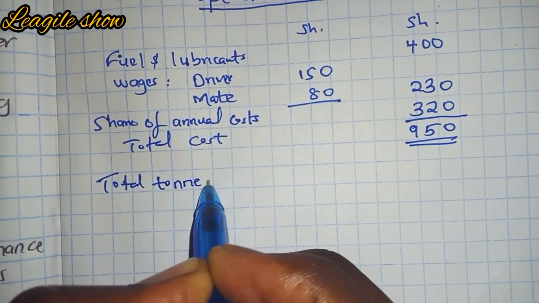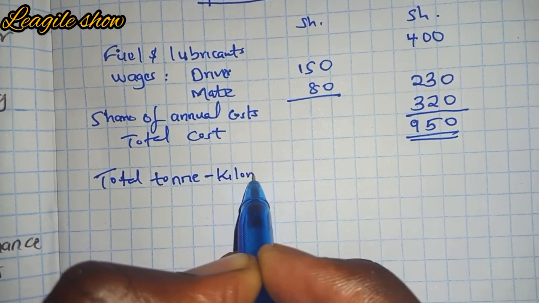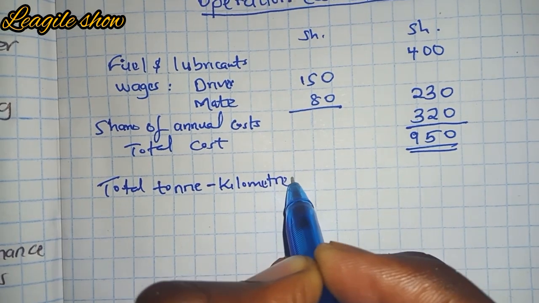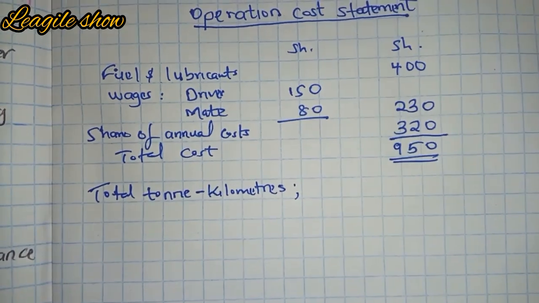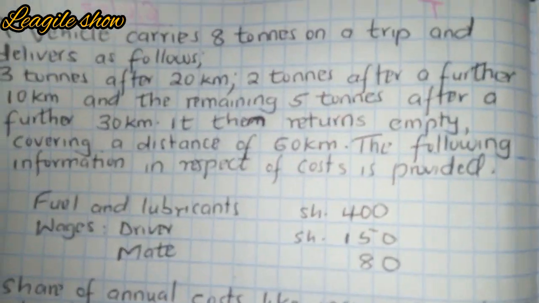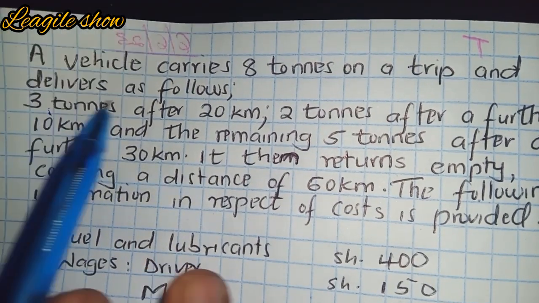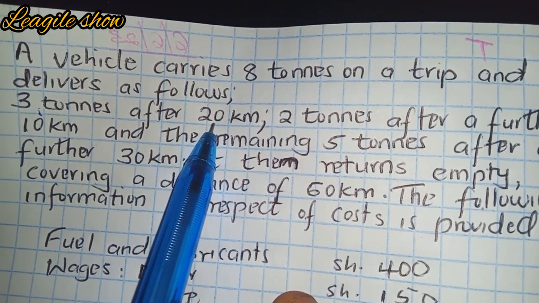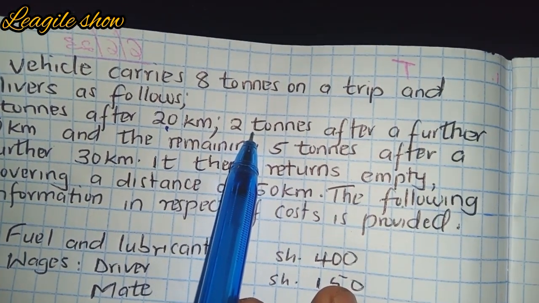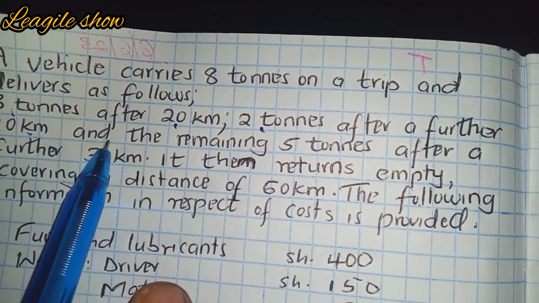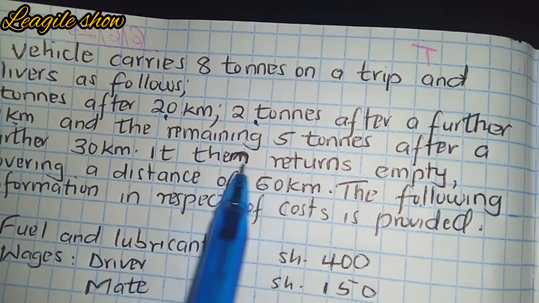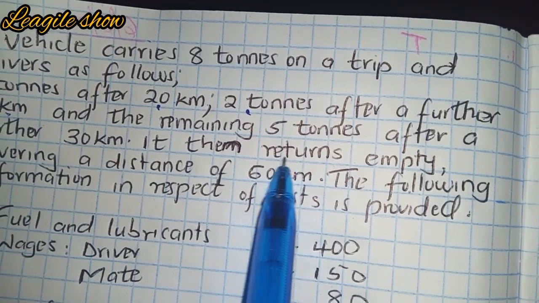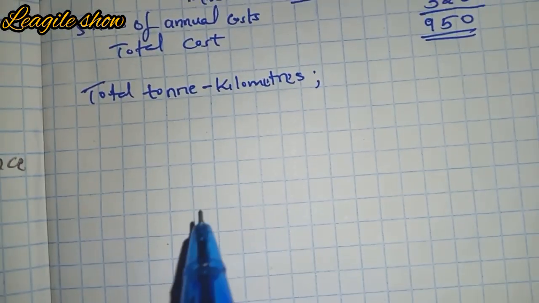This one will be used in part A. We were told 3 tons for 20 kilometers, 2 tons after a further 10 kilometers, and the remaining 5 tons after a further 30 kilometers. Then the vehicle returned empty. So let us calculate those ones.